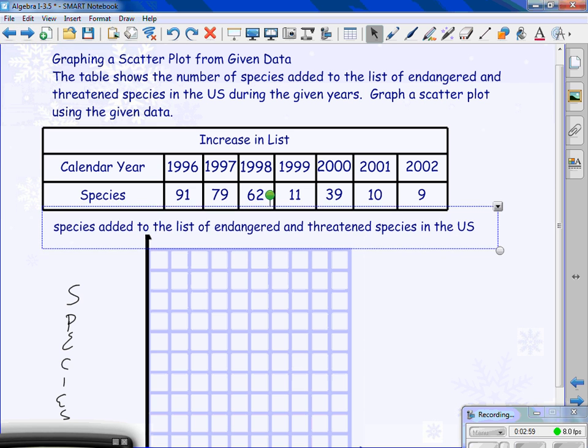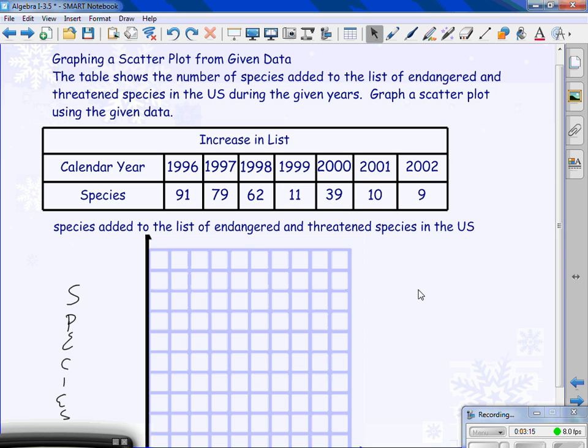Usually your title can come right from the original problem. The title of this is species added to the list of endangered and threatened species in the U.S. You can cut out a few of the words. I just actually copied and pasted.